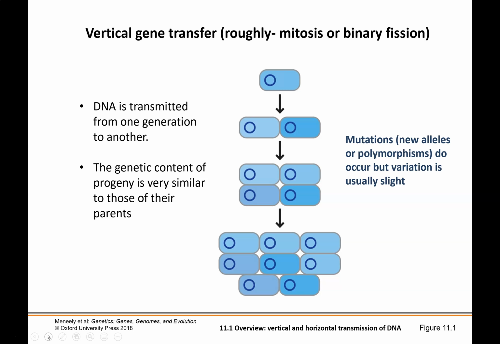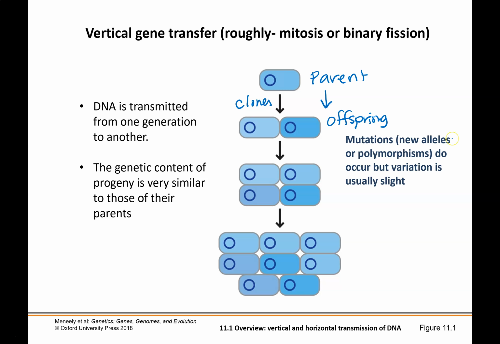When we're talking about producing offspring, we are doing something called vertical gene transfer. This is where you have a parent, and that parent passes its genetic material to an offspring. So essentially, DNA is transmitted from one generation to the other. And when you're doing vertical gene transfer, you're going to produce clones. These clones are going to be basically identical to their parents, if not identical, very, very similar.